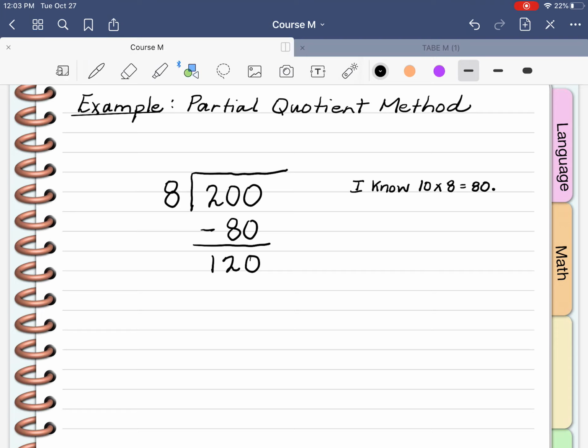But I need to keep up with what I'm using to do this breaking down. So I've used a 10, and that took away 80. That brought me down towards 0. I'm going to do that again because I can take 80 away from 120, and that would leave me with 40. So there is another 10 times 8 that I've taken away. So now I'm up to 2 of those 10s.